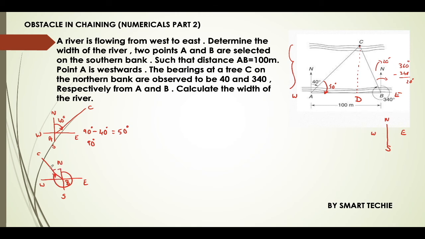But what we require is this other angle, so I'll do 90 minus 20, that is 70 degrees. So BCA... I mean angle ABC is 70 degrees. When this is 50 and this is 70, my angle C will be 60 degrees.